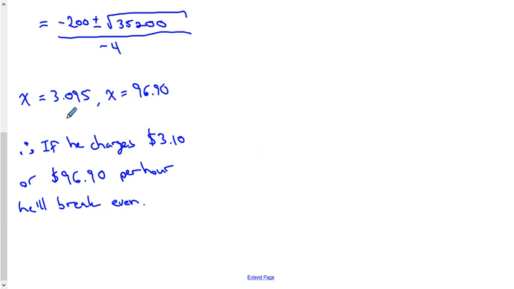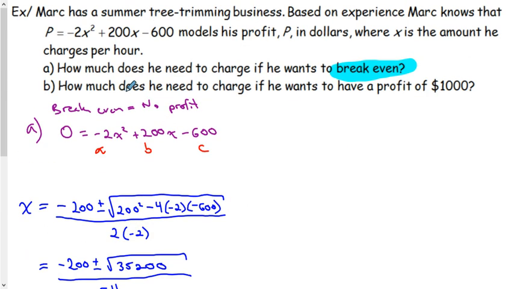Okay, let's do our other part for that. Our other part was how much does he need to charge if he wants to have a profit of $1,000? So we're actually solving a specific problem here. To make a profit of $1,000, let's sub in 1,000 for profit. And this is basically all we're doing when we're solving quadratic equations, right?